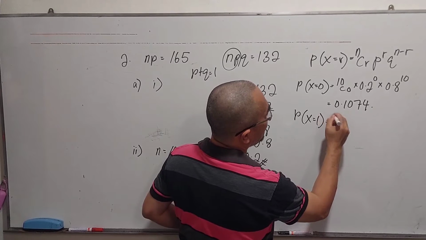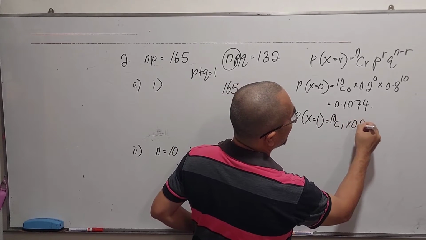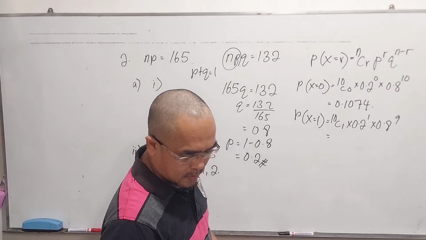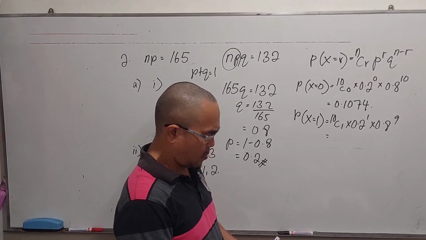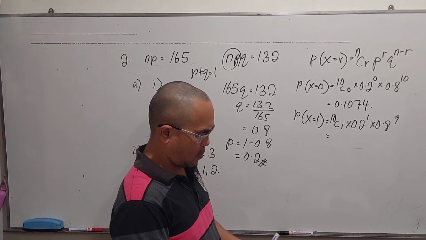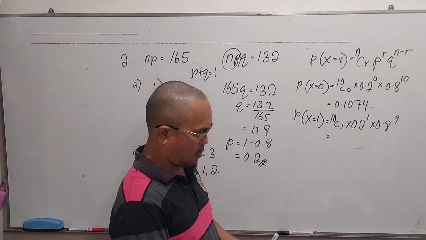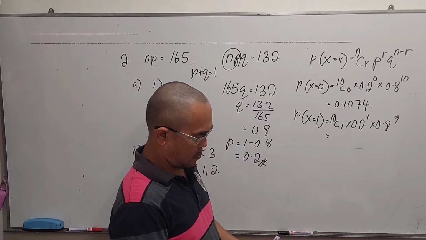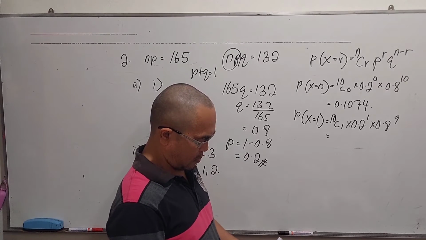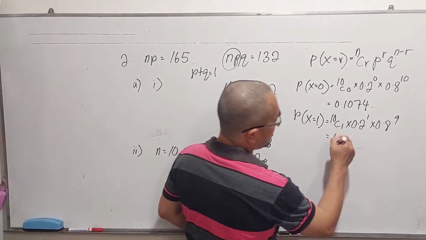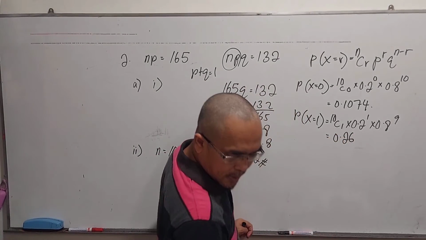Then P(X = 1) will be 10C1 times 0.2 power 1 times 0.8 power 9. So it's 0.2684.